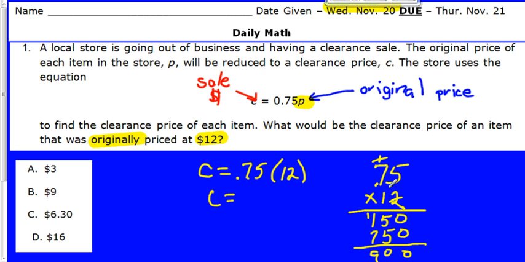Okay, now I have to be careful. I have 2 decimal places in the problem, so I have 2 in my answer. So my clearance price is going to be $9. So my answer is B.